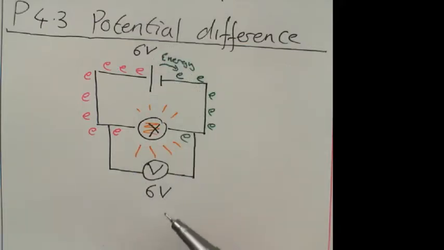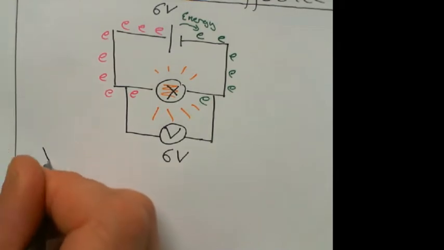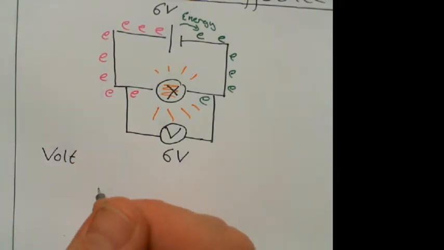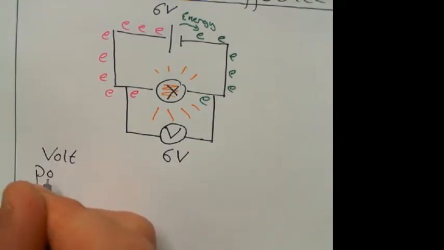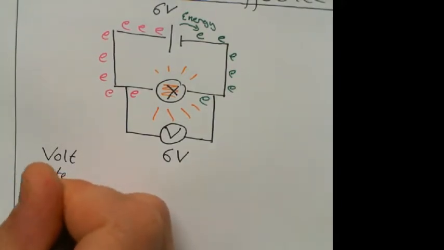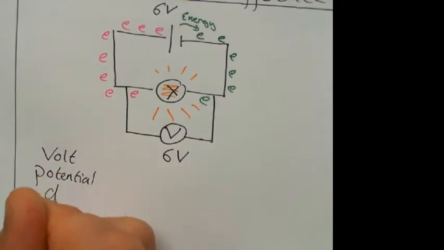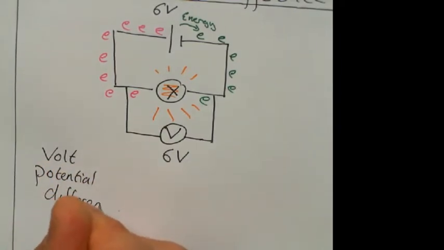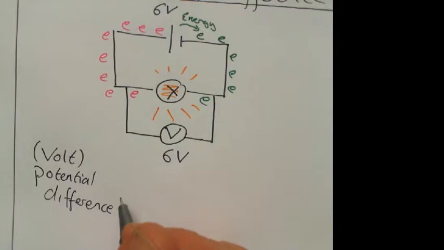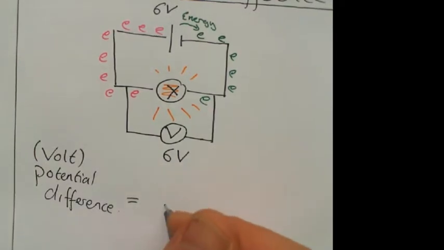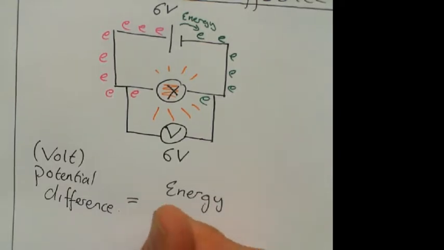So let's do a little bit more about what a volt is. So a volt, or potential difference, more accurately, is measured in volts. So potential difference is what we're talking about, and it's measured in volts. And that equals the amount of energy that is given to each unit of charge.